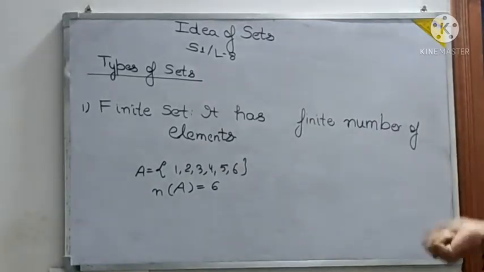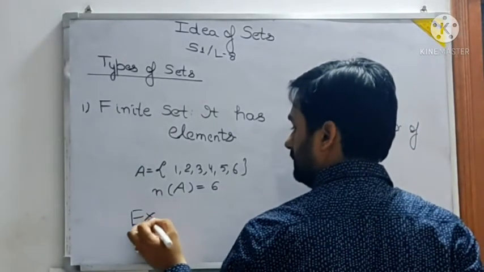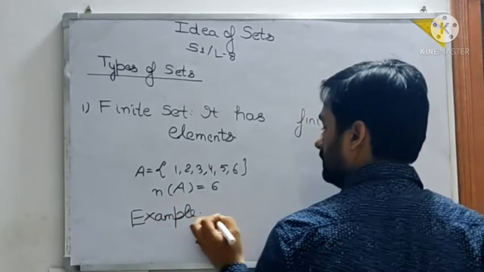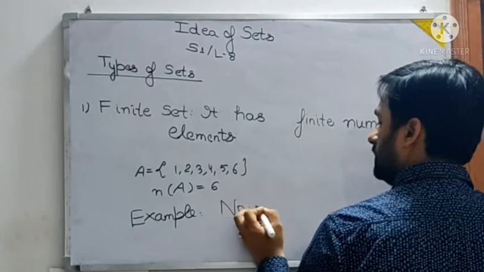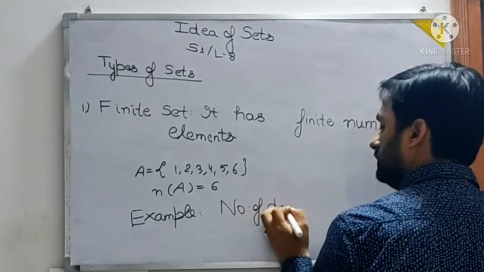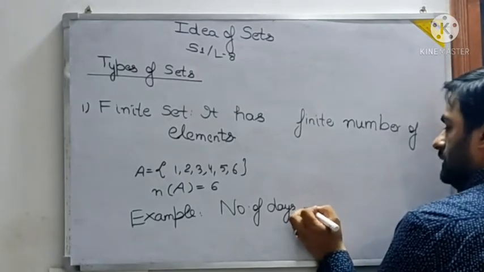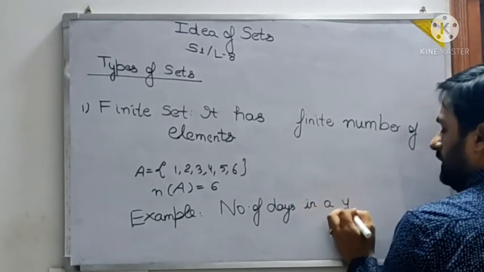What is an example of this? Example: number of days in a year.